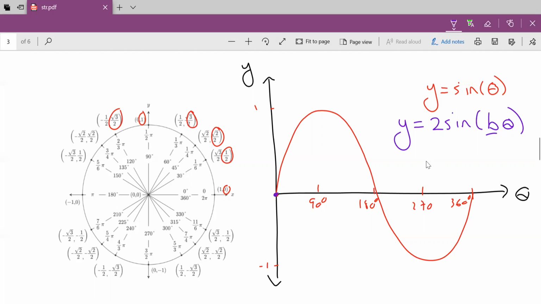Our invariant points would be on the theta axis, and we're going to multiply all our y values by 2. So at 90 degrees, we have a max of 1. So we now have a new max way up here at 2. Our new min would be way down here at -2. And every other point in between would also get its y value multiplied by 2.